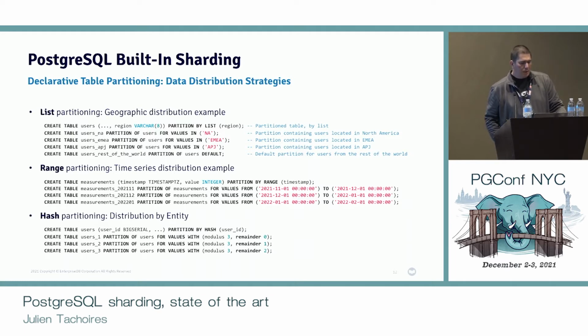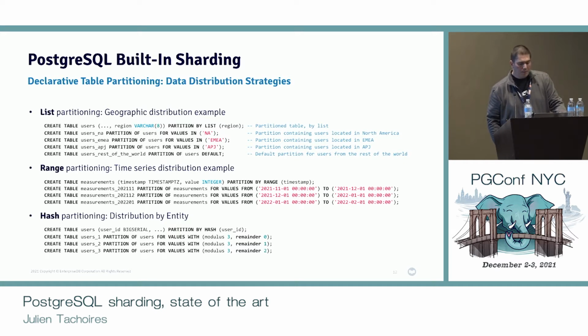Now let's take a look at some different data distribution strategies that can be applied with the help of Postgres declarative partitioning. If we take the geographic distribution case, setting up this strategy consists in having a column that will be used to store the region code, and for each region we have a dedicated partition.